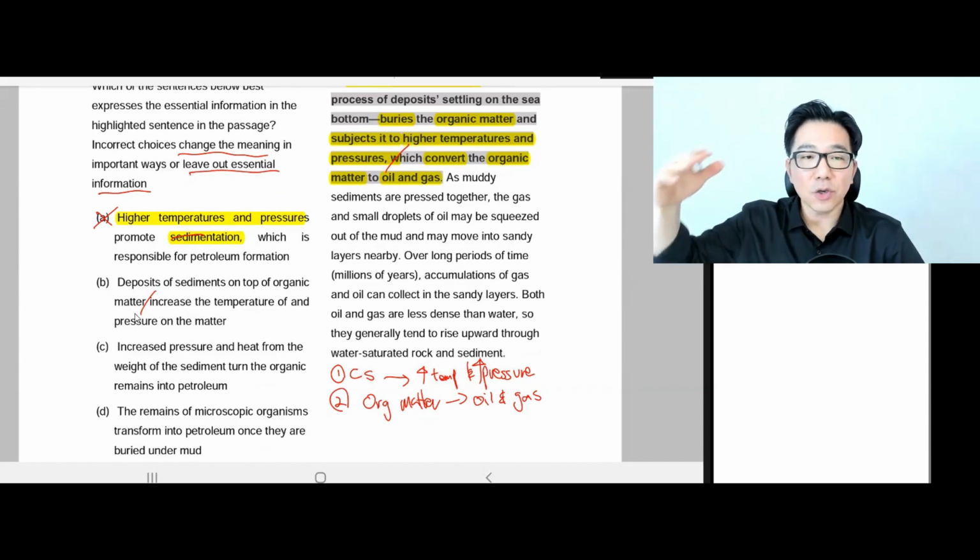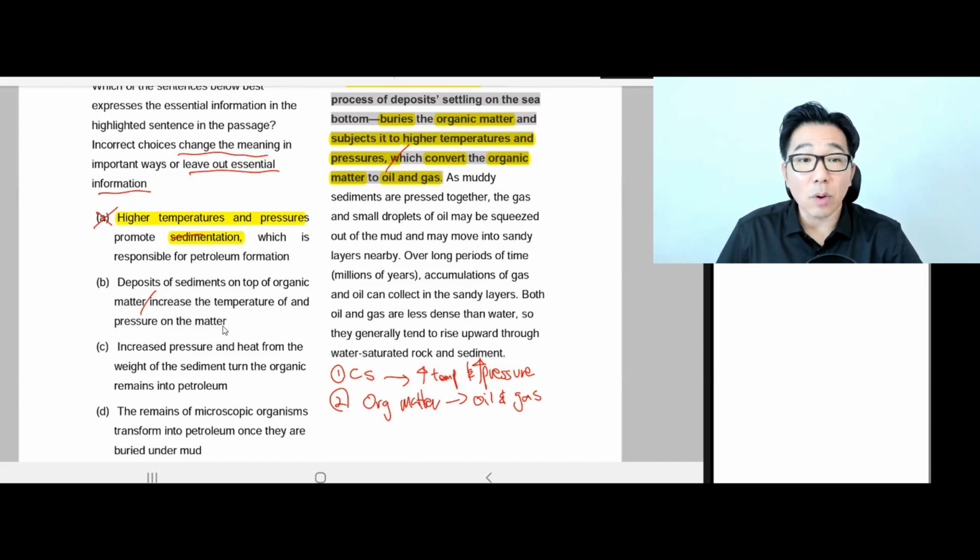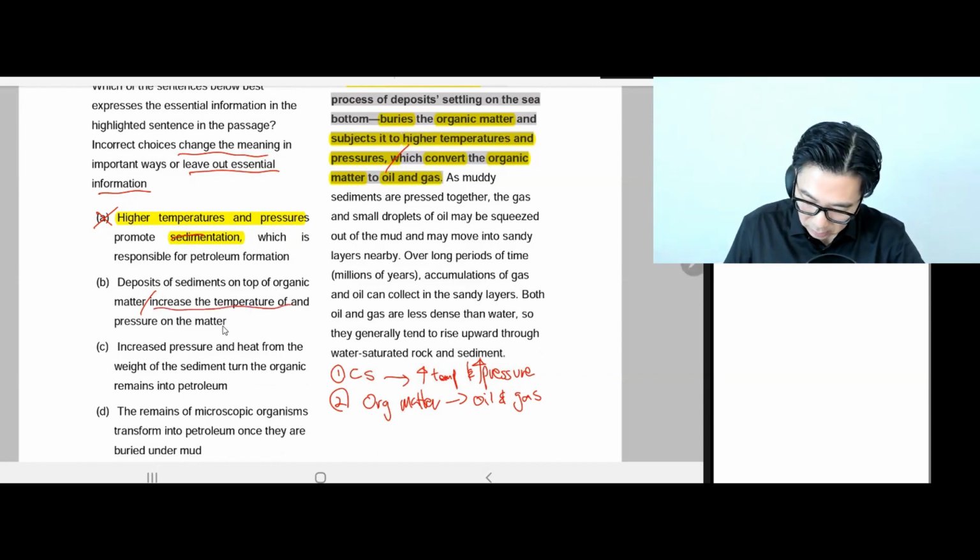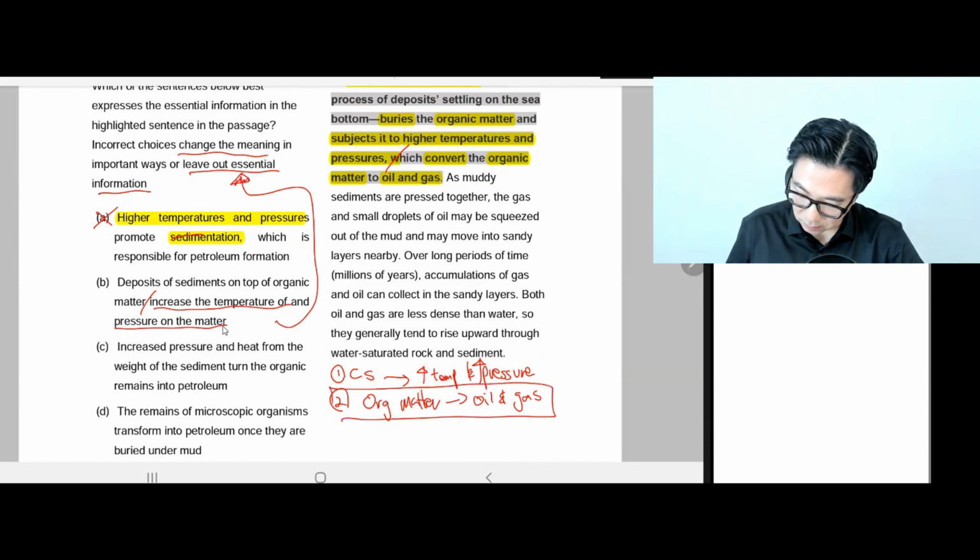Okay, so it's being accumulated. Increase the temperature of and pressure on the organic matter. This is true. Okay, so this part is okay. What's the problem here? Yeah, it leaves out essential information. It leaves out the second part completely.